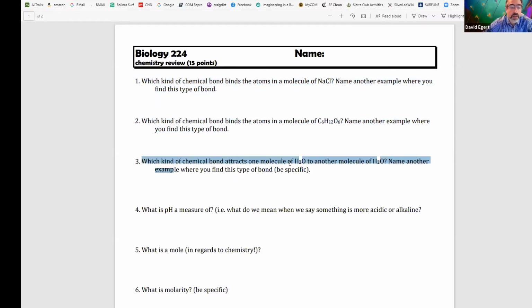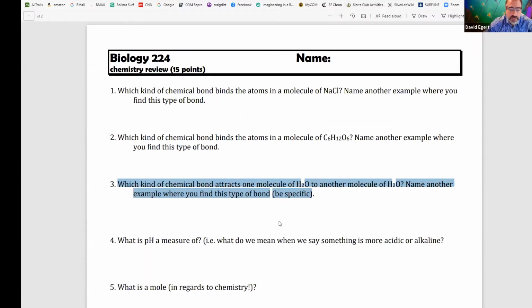What kind of chemical bonds attract one molecule of water to another? Hydrogen bonds. A lot of people, I think it must be in some book, wrote that another place you find them is in ammonia, NH3. But if you just wrote that, I only gave you partial credit, because I don't know if you mean within the molecule of ammonia or between separate molecules.